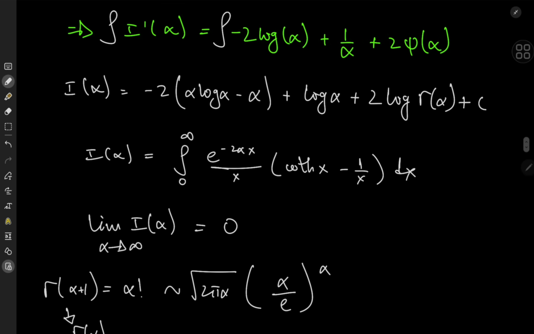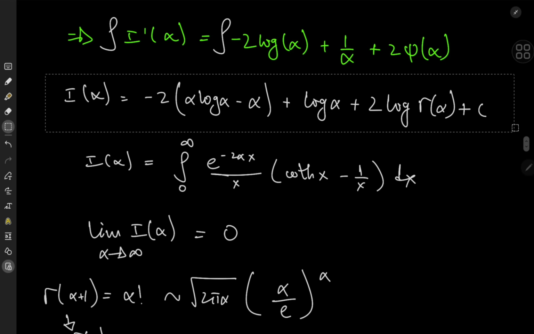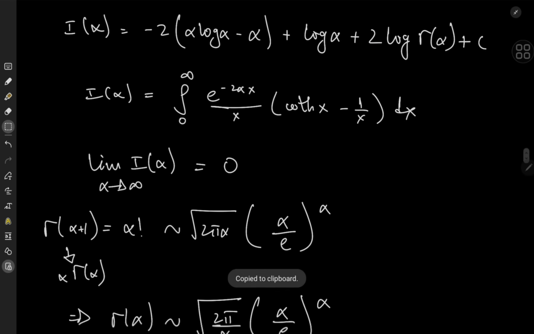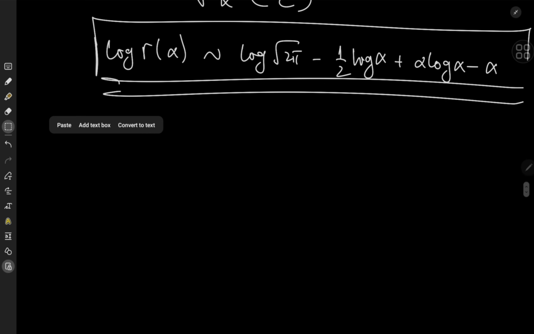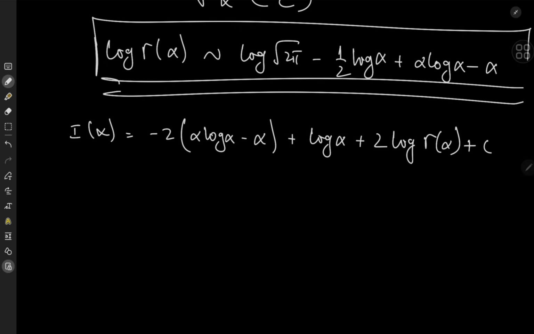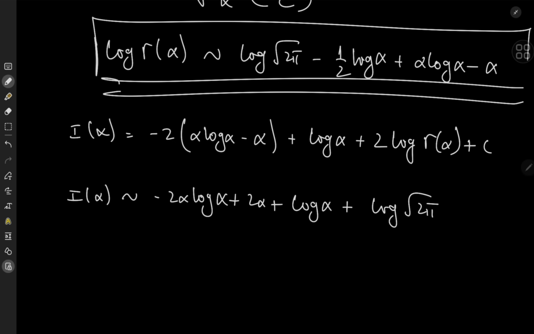I mean, let me just copy and paste the stuff down there. So for large values of alpha, we have I of alpha asymptotically equal to minus 2 alpha, terribly sorry about that, log alpha plus 2 alpha plus log alpha, and we have twice of log gamma, which we expanded above as log root 2 pi, and minus log alpha on multiplying by 2, so see what I did there.